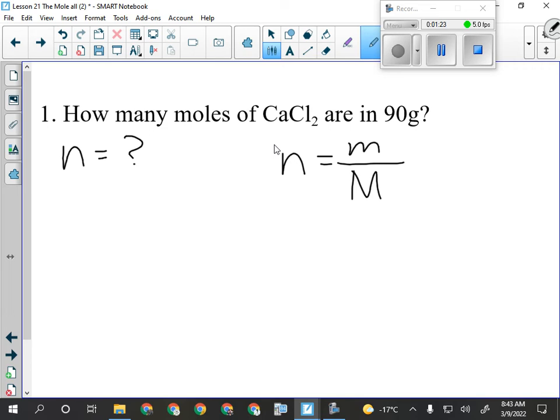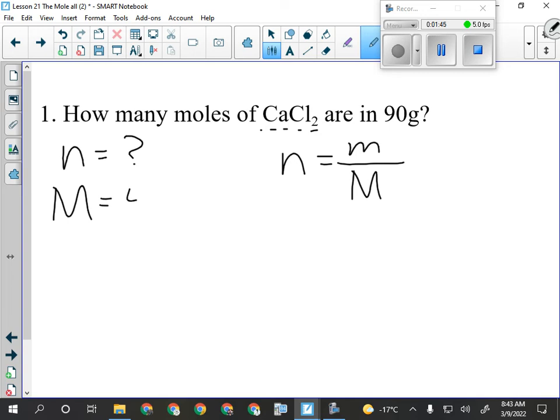Okay. The other thing they tell me is that the material is calcium chloride. With that, I can calculate the molar mass. And I calculate the molar mass by adding together the parts of that compound. How many calcium atoms are in this molecule? Just one. Right?